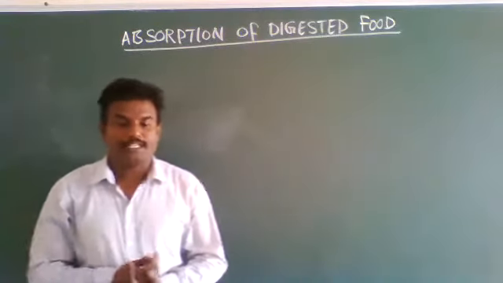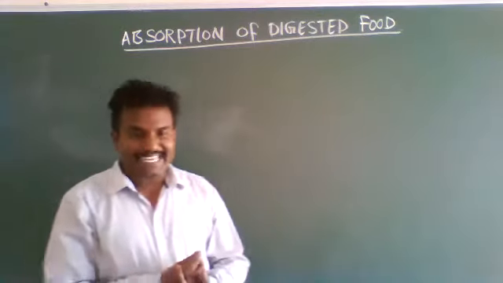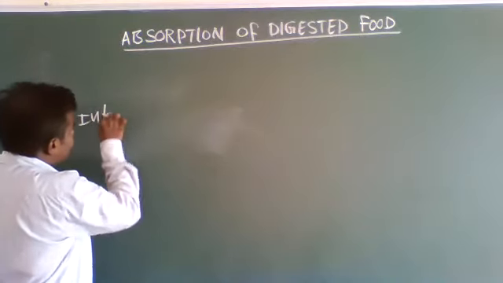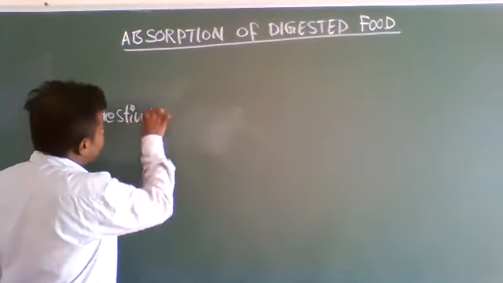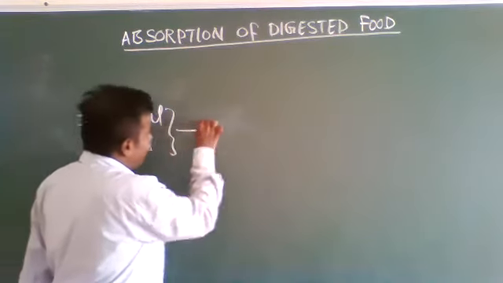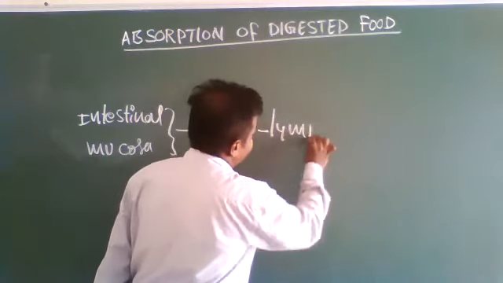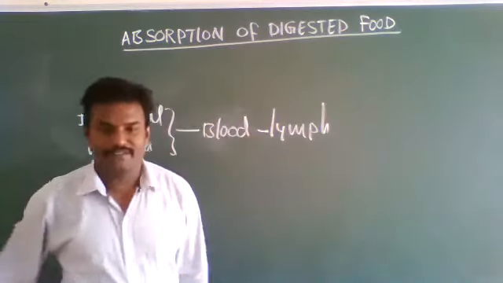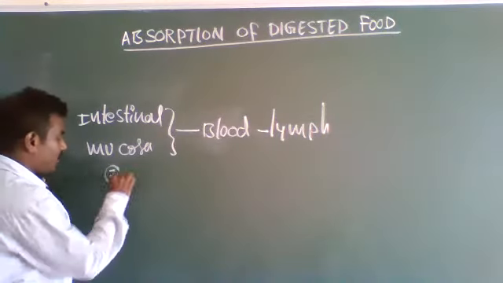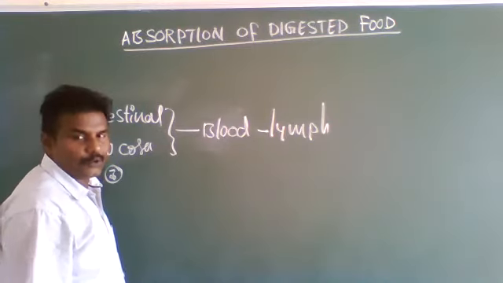Okay, come to the point. Absorption is the process by which end products of digestion pass through the intestinal mucosa into blood and lymph. Generally, absorption is carried out by three different types of transport mechanisms.